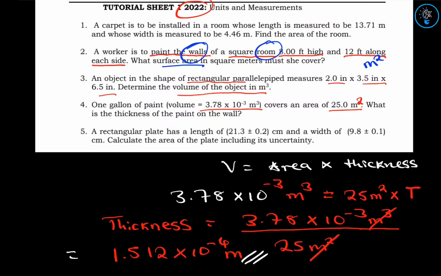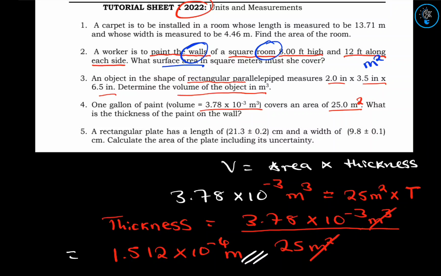Okay, so on this question, let's consider the number of significant figures. So in our operation, we did a division. Under division, we consider the number of significant figures of the least part of your operation.